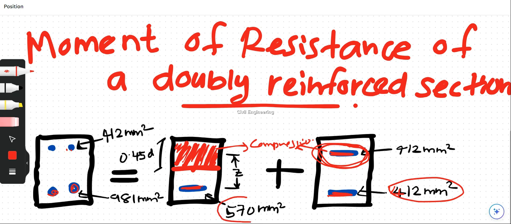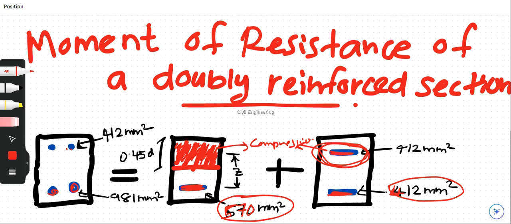After that, 570 square millimeters remain to bear the concrete compression, and by these two sections, this 412 and 570, both parts carry the compression separately, and finally the tensile force and the compression are equal.